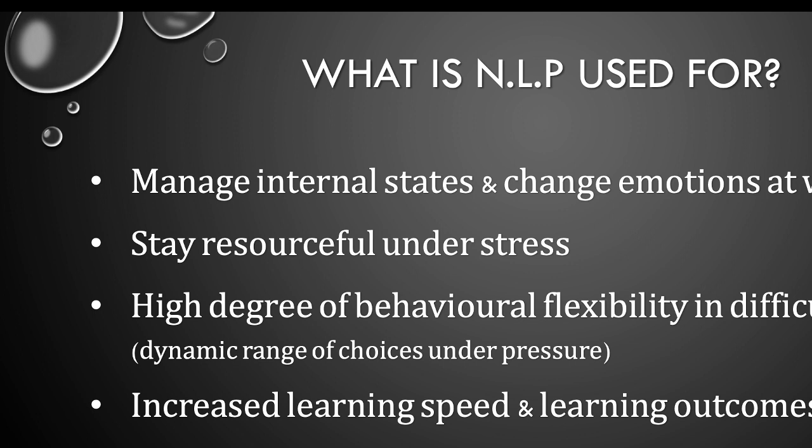So in a nutshell, the goal of NLP, as I said, was excellence in any field. How do you achieve that excellence in any field? Well, you have to do several things. One, you need to be able to manage your internal states and change your emotions at will. You're not going to be a go with the flow kind of person. You're not going to be a reactionary when you are proficient in NLP.